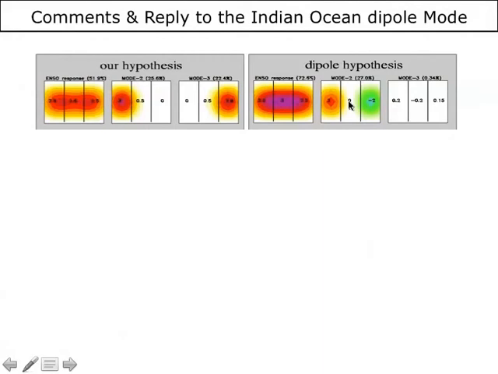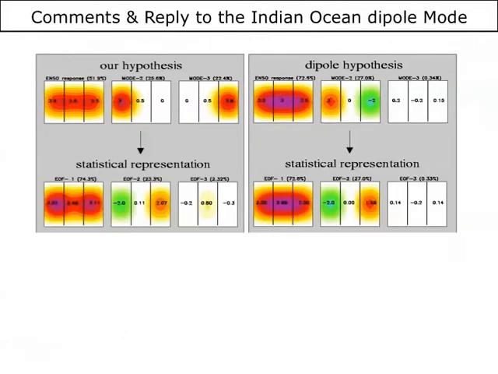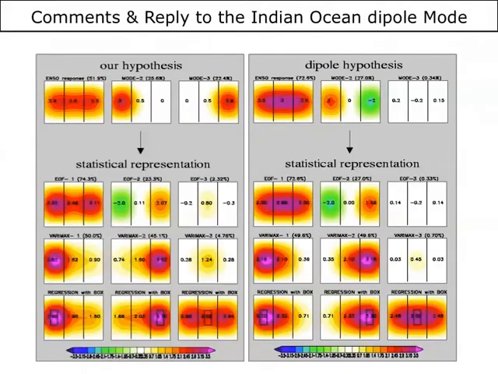So here's their comment and my reply to it. I just show you my reply, but I'm showing you what their comment is. Their hypothesis is there's ENSO, which is EOF number 1. Can you read this? Okay, there's ENSO. And then there's an Indian Ocean dipole, which is a new dynamic existing in the Indian Ocean. And I say, okay, that's probably not true.